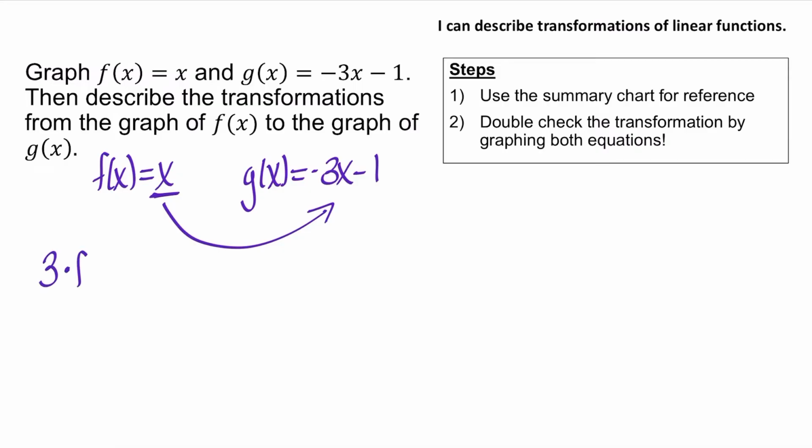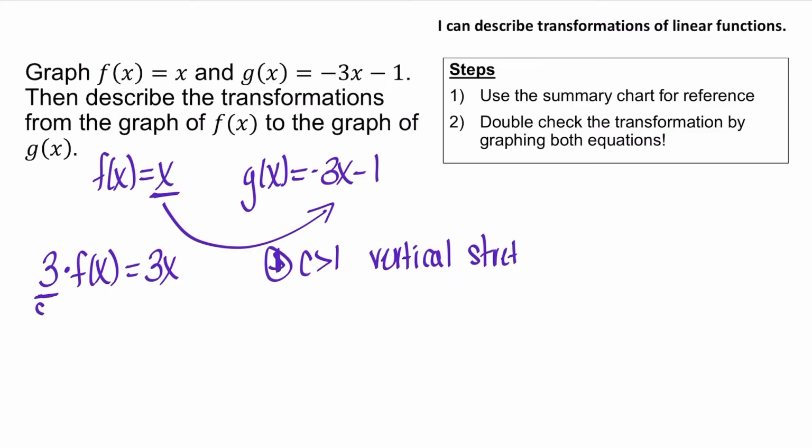So we have 3 times f(x), which equals 3x. We have a value of c in front, and c is bigger than 1, so this graph will become vertically stretched. That is the first change. I have a vertical stretch, which means my graph is more steep.